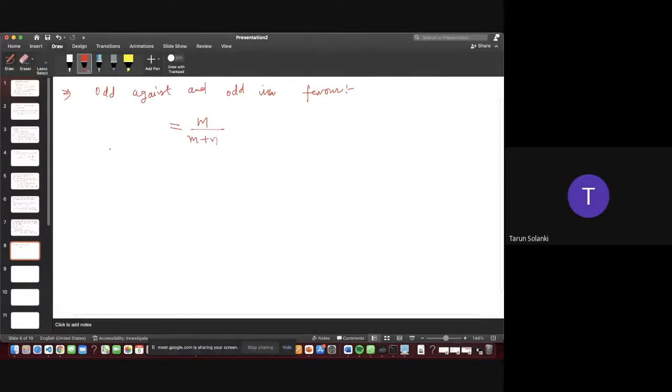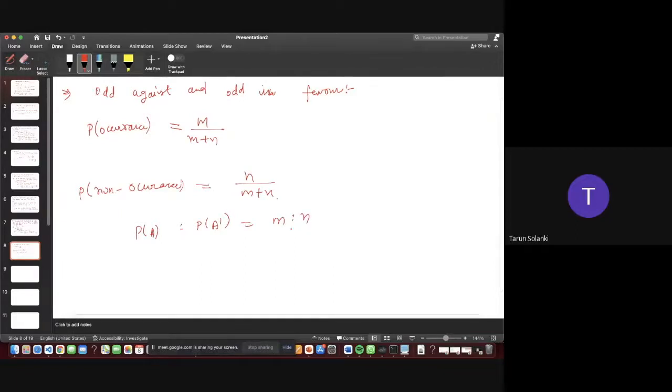So this is the probability for occurrence. And if we go for the probability of non-occurrence, that will be n by m plus n. That means the probability of A to the probability of A dash is m is to n.